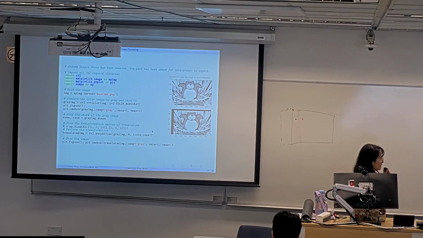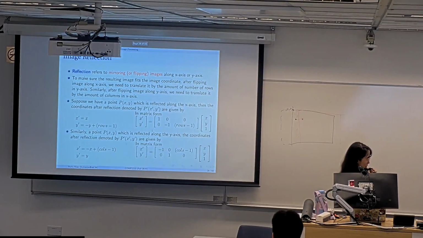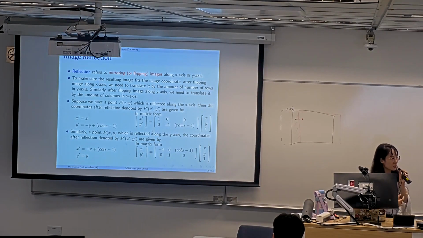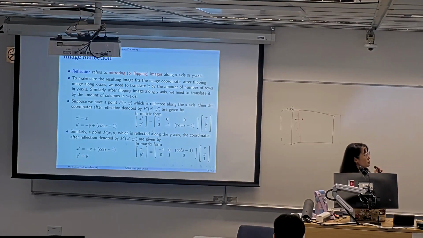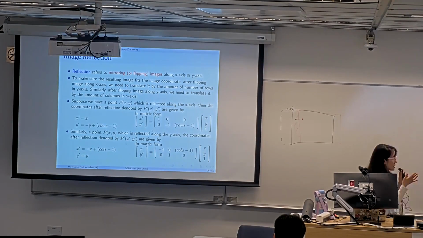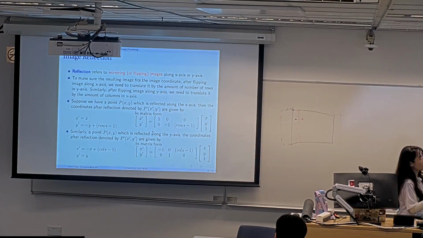Great. Then we have some more affine transformations to show you. The second is image reflection. Reflection refers to mirroring or flipping the image along some axis, which can be the horizontal or vertical axis, and making sure the resulting image fits the image coordinate.